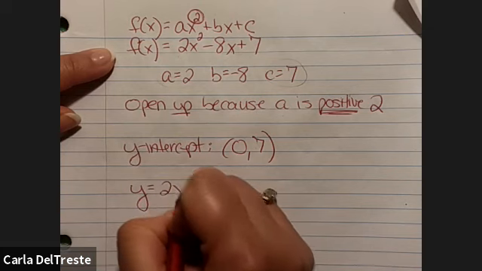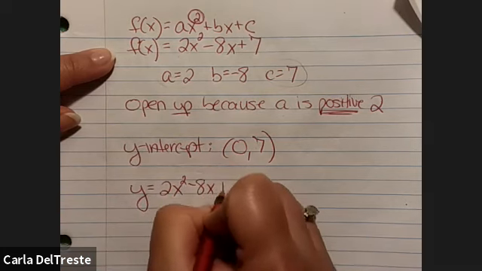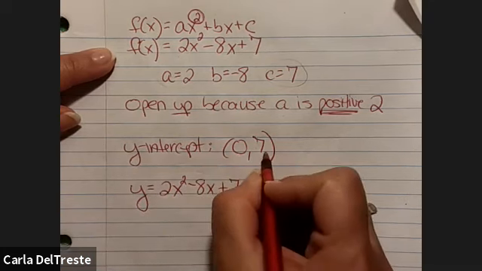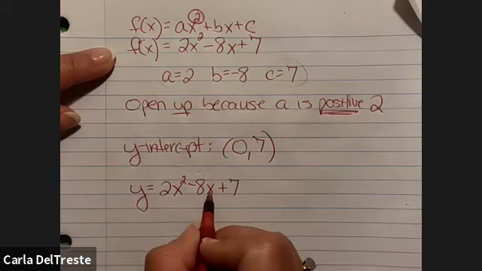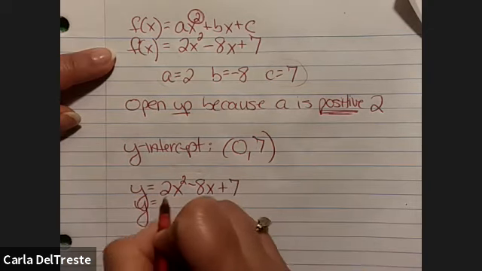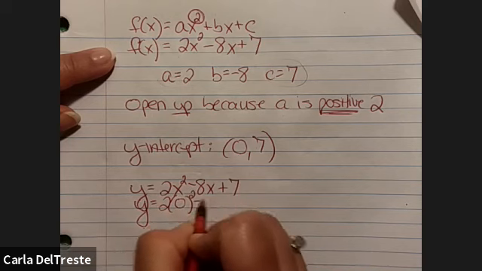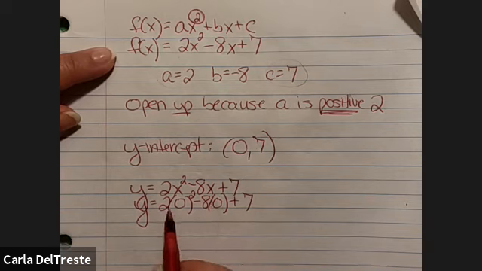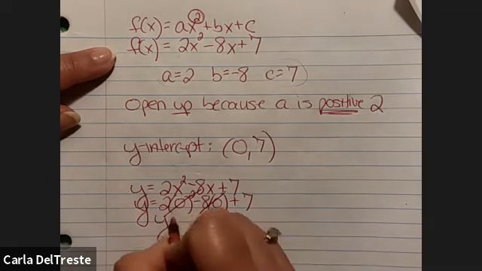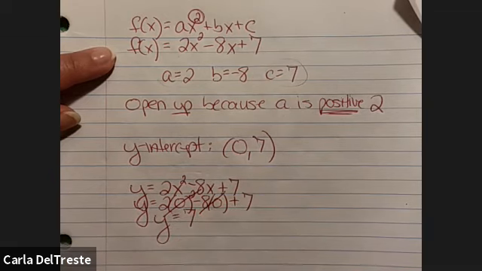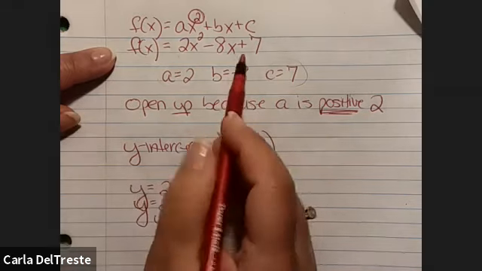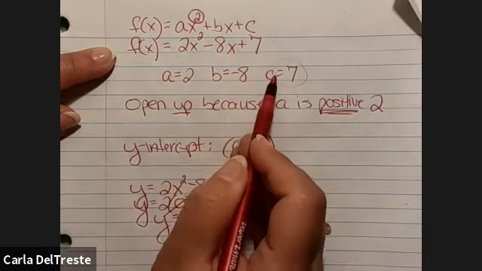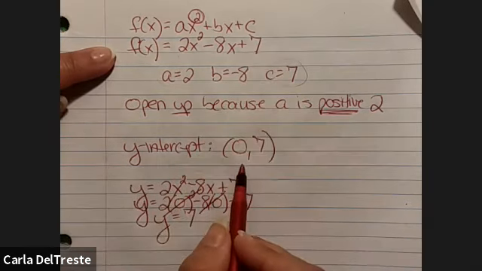Let's prove that if I plug in 0, I will get 7. If I were to plug in 0, remember that we plug in with parentheses, what's going to happen to these two terms? Anything times 0 is 0. And so I do wind up with an output of 7.